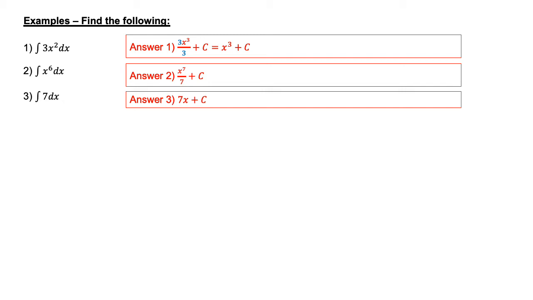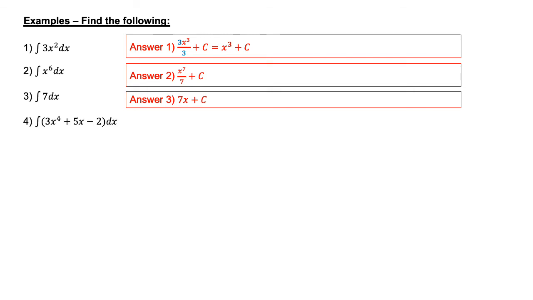And now I can just follow the method for the others. So 0 add 1 is obviously 1. So you've got 7x to the 1, and then if you divide by 1, you've just got the expression as it is. So that's why it works. So a number integrates to the number times x.